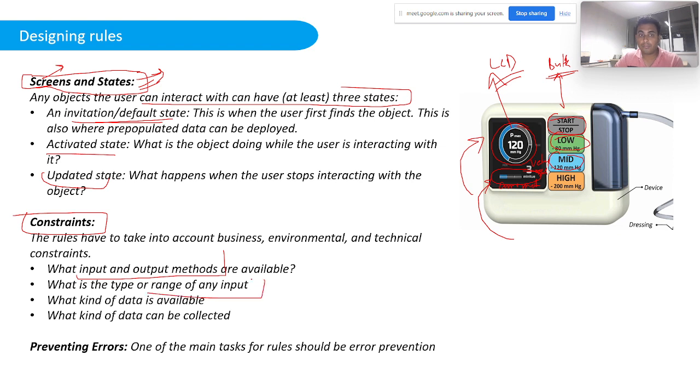Now, the range of input. Okay, so if you are making a system which has values more than these settings, you probably need to add more buttons, or you probably need to change the particular trigger. And when you change the trigger, that means your input, the button, changes, and the way in logic you read that input value will also change, because now these are not the strict values sent by different buttons.